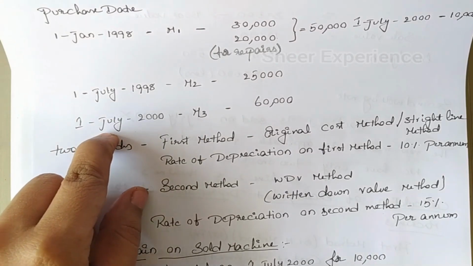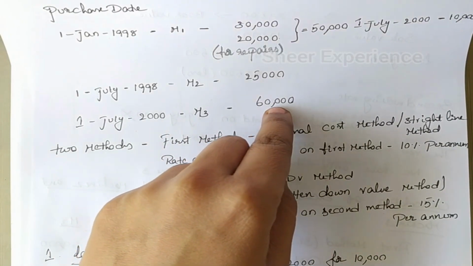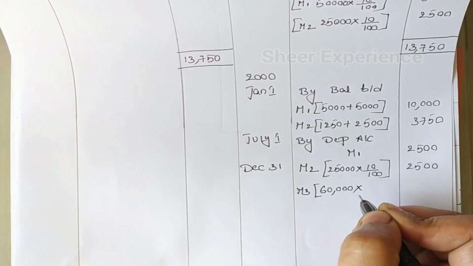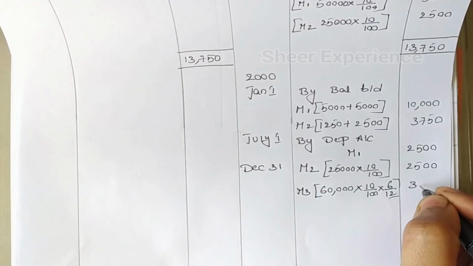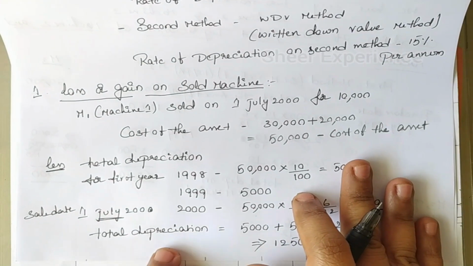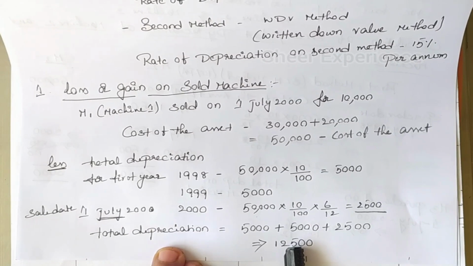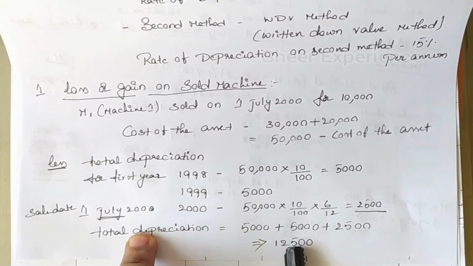In this year, we have purchased a new mission for 60,000. So the depreciation amount on mission 3 is 3,000. This is calculated only for 6 months. As you remember, during the sale of asset, we transfer accumulated depreciation amount to the asset account. Here we have sold the first mission on July 1st, 2000.